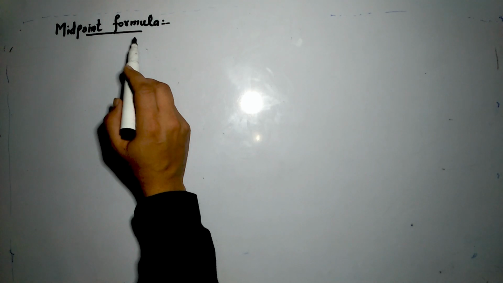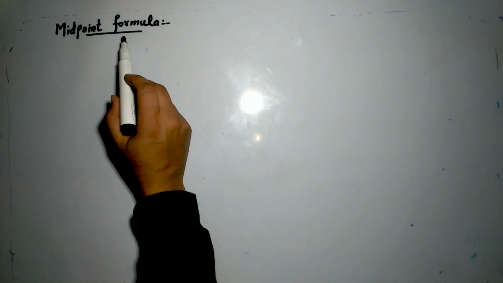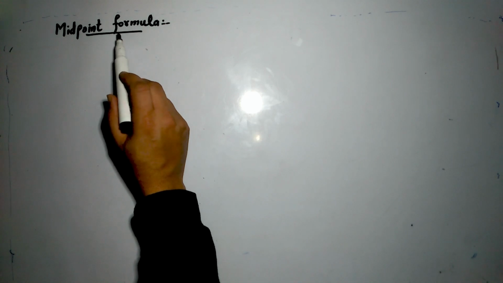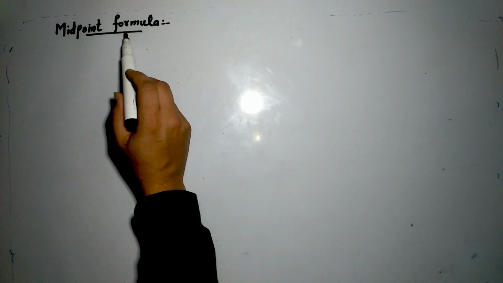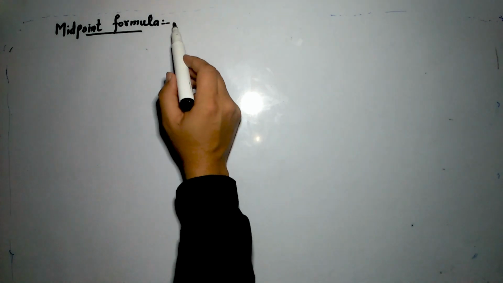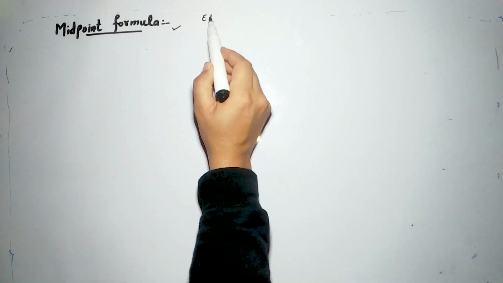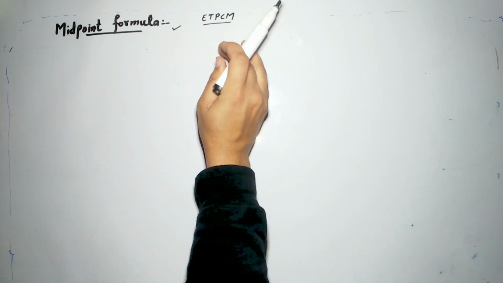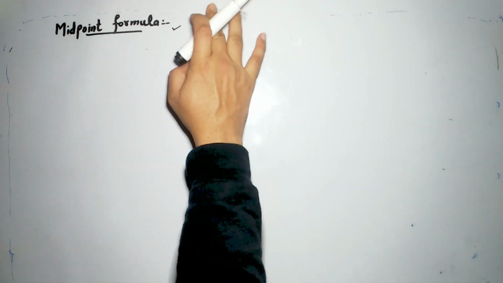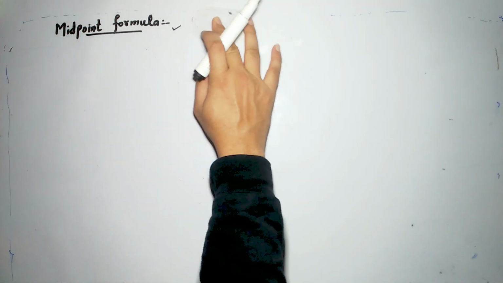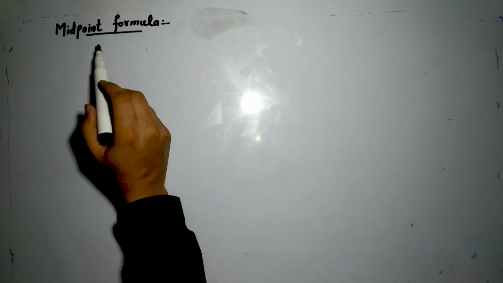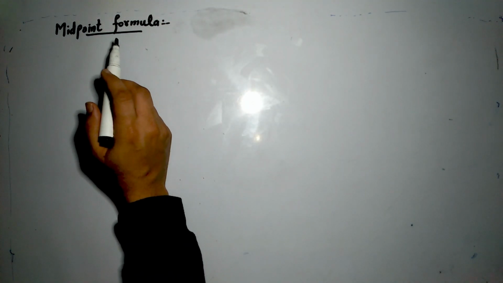An integration technique with the same order of convergence and the Euler trapezoidal predictor corrector method is same. So what is the midpoint formula and how can we apply it to solve a first order differential equation?